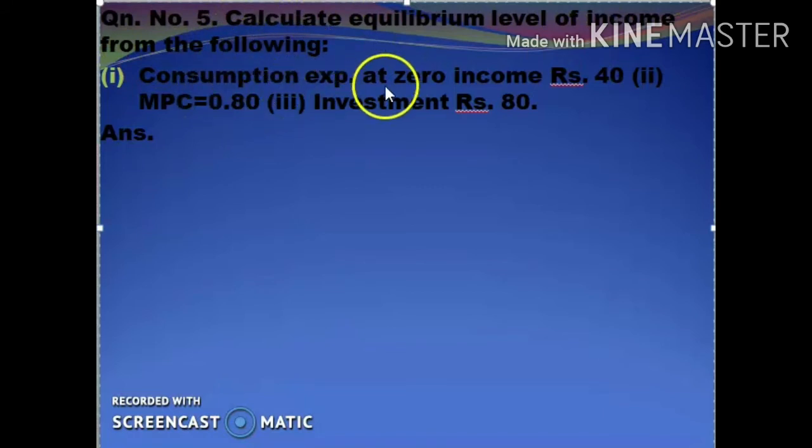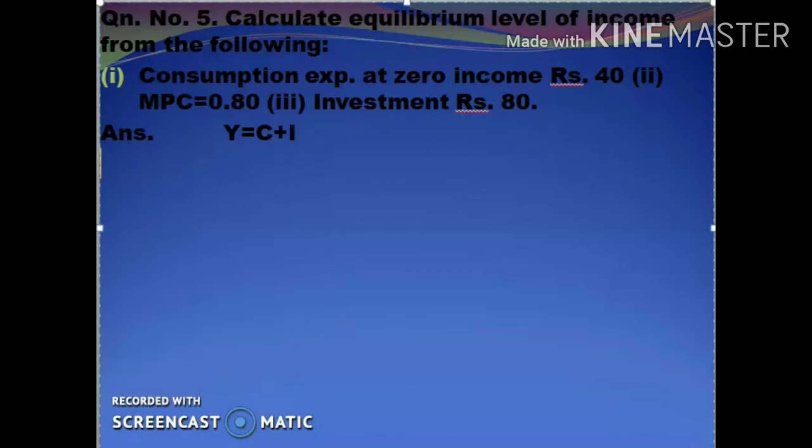Next, question number 5. Calculate the equilibrium level of income from the following data. Consumption expenditure at 0 income is 40, MPC is 0.80, investment is rupees 80. So what is the equilibrium level of national income? Y equal to C plus I, consumption plus investment.